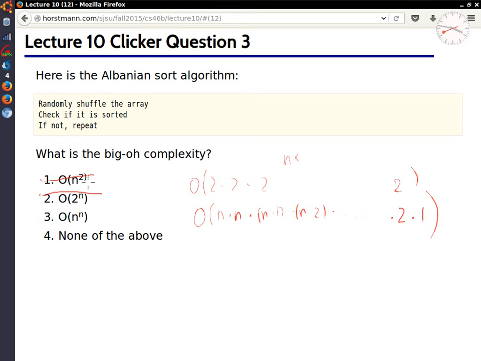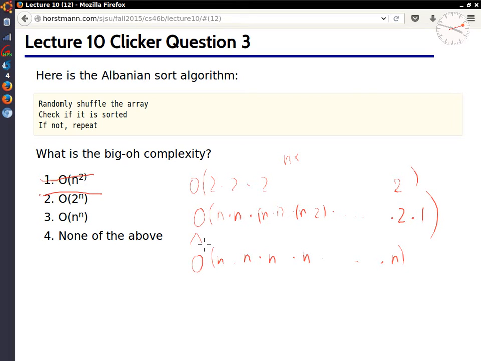This one clearly can't be the right answer. You have an n squared already in the first two, and lots of other numbers. What about O of n to the n? Well, that seems like it's going to be more, right? Because you have n times n times n times n times n. Now, admittedly, you could say you have a couple more, but they're just 2's and 1's, so they're constant. So it looks like that is less.